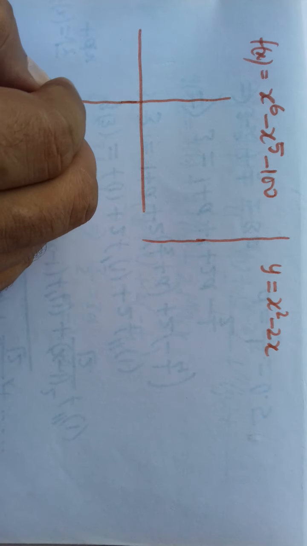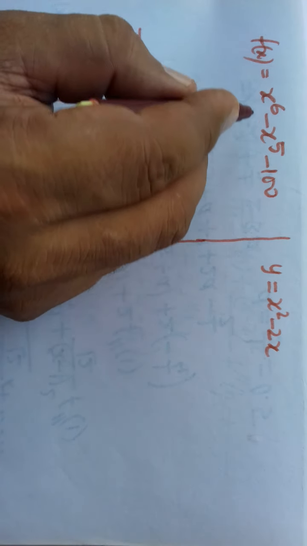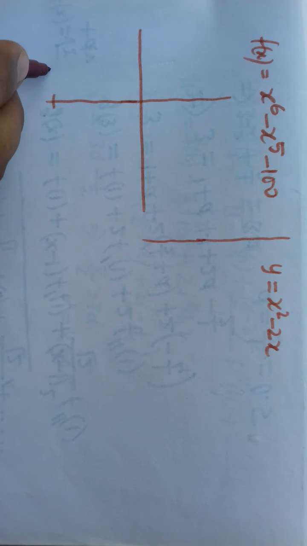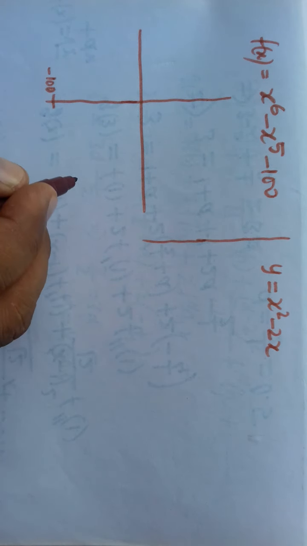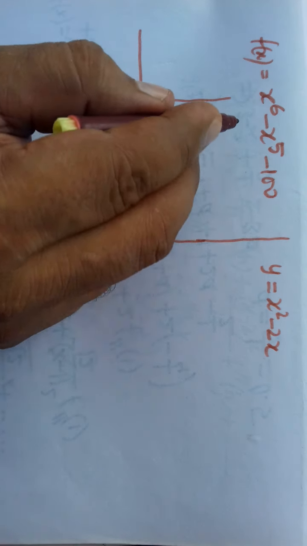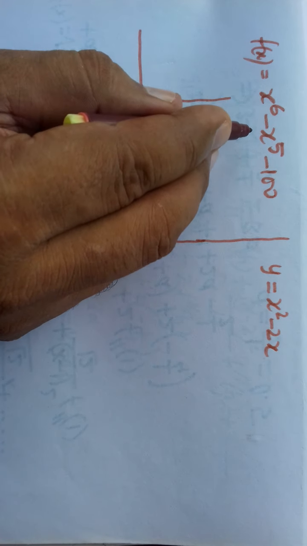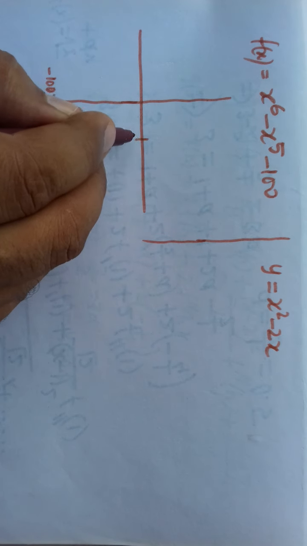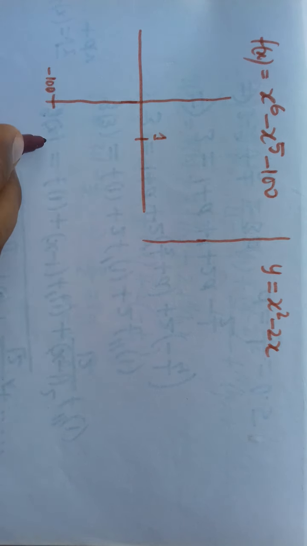You see that at x equal to 0, f(x) is minus 100, and you see the same value if we put x equal to 1, minus 100. So at x equal to 1, the value is the same for f(x), minus 100.